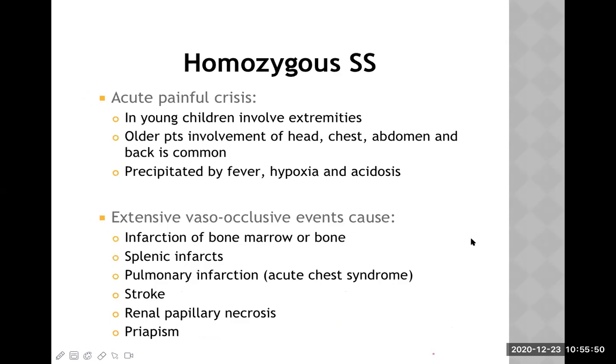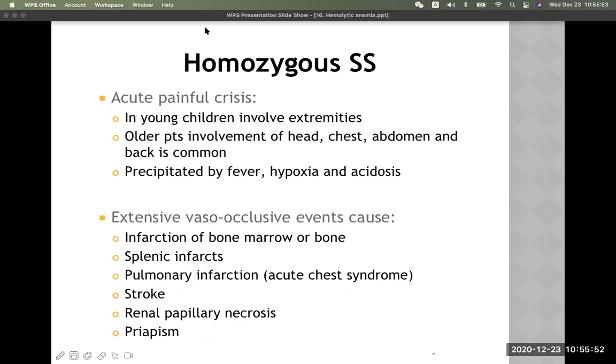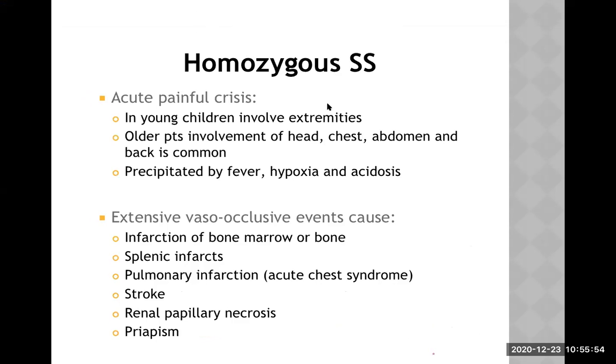Let's move on. Another is called acute painful crisis. What does that mean? In young children, it also involves the extremity. Time and again, whenever it is precipitated by fever or infection, hypoxia, or an acidotic environment like dehydration, there is an acute painful episode which involves the extremity, especially in children.